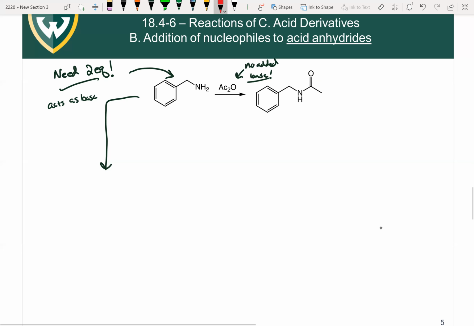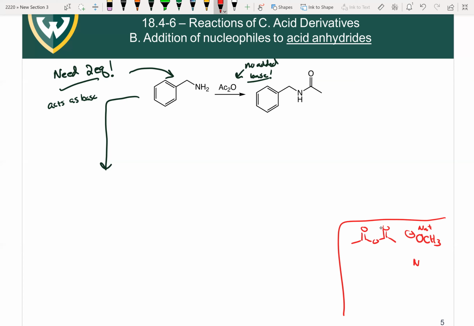So let's say, for example, over in the bottom corner, we used our acetic anhydride, and we said, hey, we're going to use sodium methoxide as a base for our amine coupling. What we would actually get is that our alkoxide is a very strong base, but it's also a decent nucleophile.